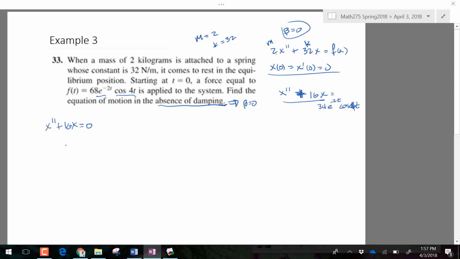We solve for that. It's 4i, right? So your x sub c, the solution for the homogeneous differential equation, is going to be some constant times cosine 4t plus another constant times sine 4t.